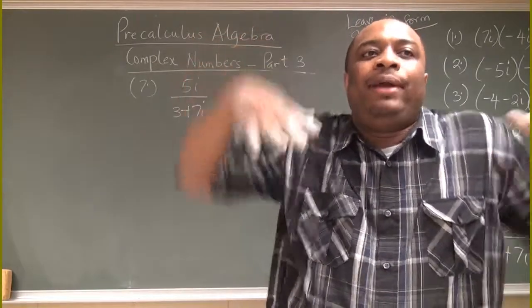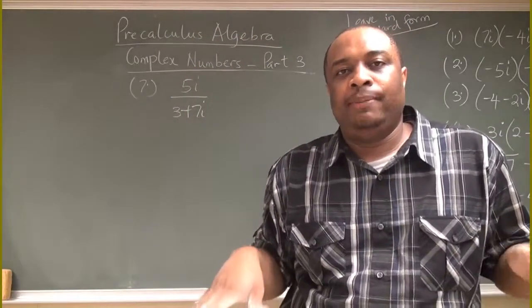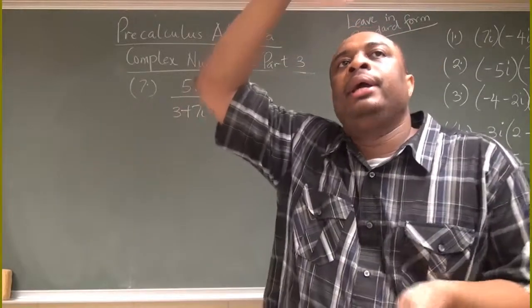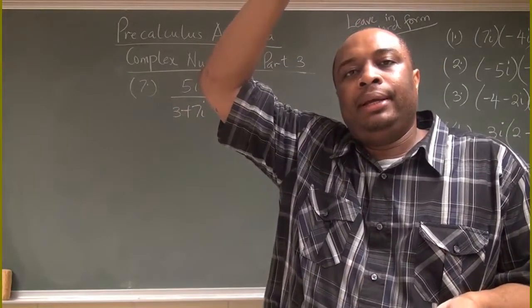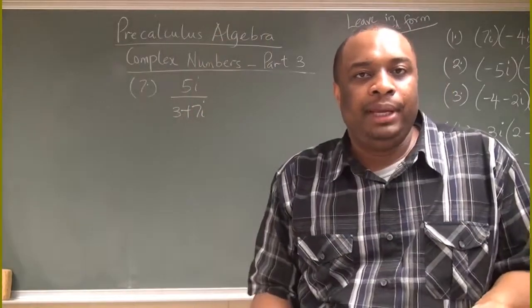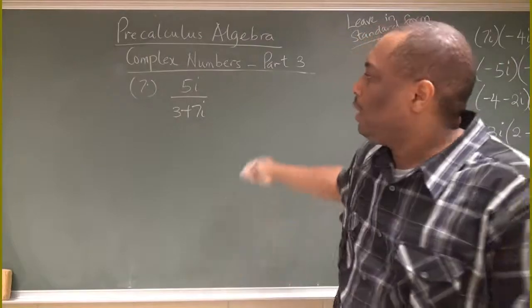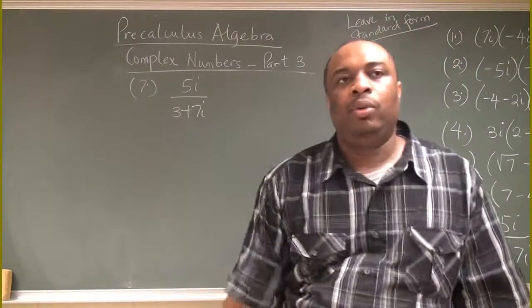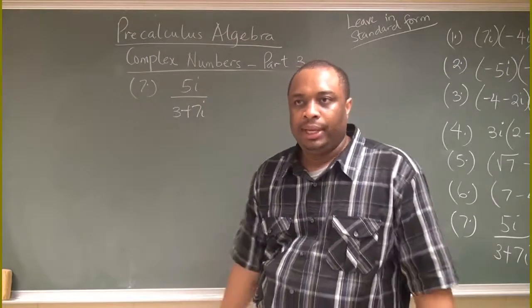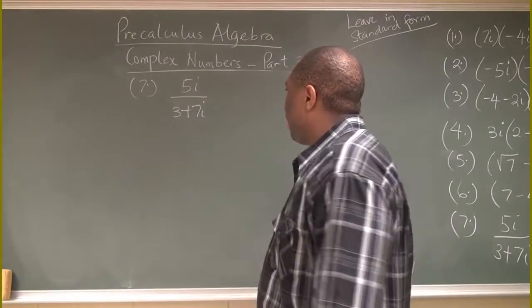You want a real number or a rational number to be at the denominator. You don't want a real number on top and a complex number at the bottom. You don't want complex numbers at the bottom at all. You want real numbers at the bottom. Okay? That's what you want.